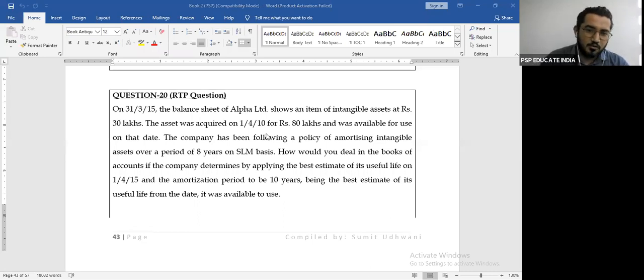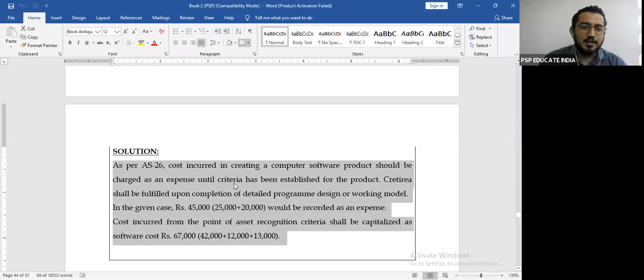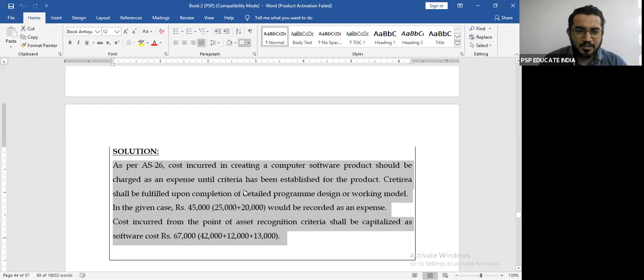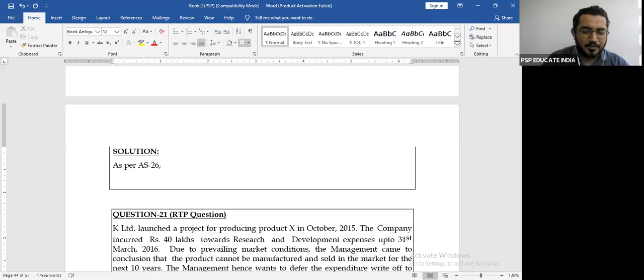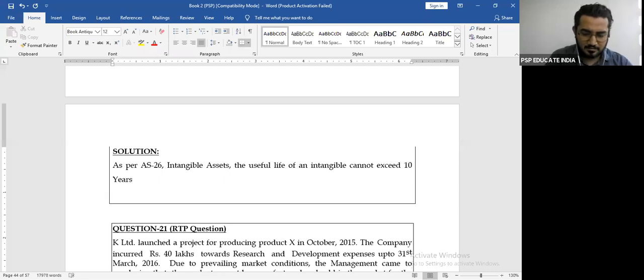Let's solve this question. If you observe, there is a mistake in typing the solution. Someone has, by mistake, copied the solution of question number 19 into question number 20. So I will put the correct solution over here itself. Your first statement will be: as per accounting standard 26, the useful life of an intangible cannot exceed 10 years.